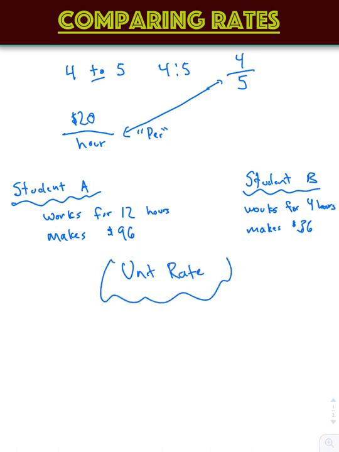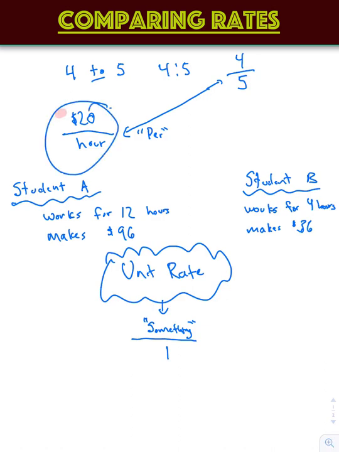And a unit rate is a really big deal in middle school math. Basically what a unit rate does is it figures out how much something is per 1. So this right here, from the very beginning, this was a unit rate.